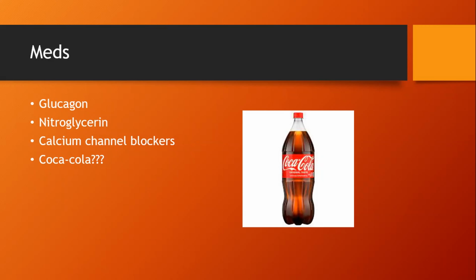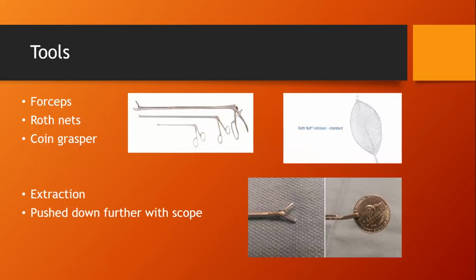Coca-Cola, this one was interesting. It penetrates the bolus and disintegrates it by releasing the carbon dioxide. Also, if it seeps into the stomach, it will release gas. And so with burping, it can dislodge the bolus. And then if you're 21 years or older, I was reading in the article that champagne might work as well.